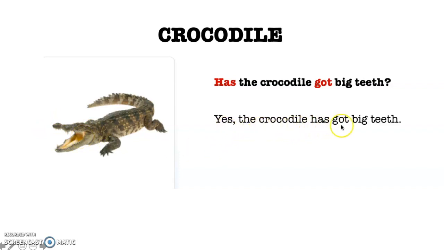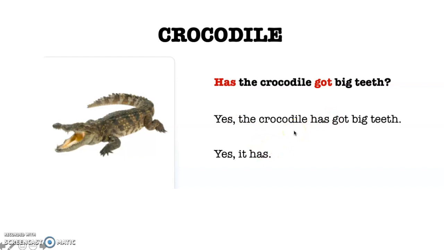The crocodile has got big teeth. Look at them. Big, sharp teeth. This is a way in which you can answer, or there is another and shorter one. That is, yes, it has. Remember that it replaces a noun, that is, crocodile.